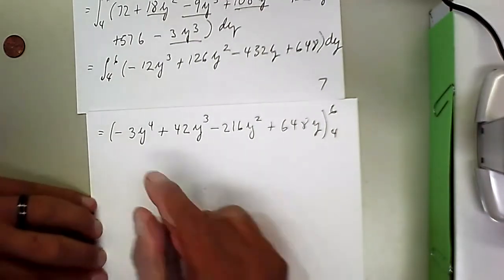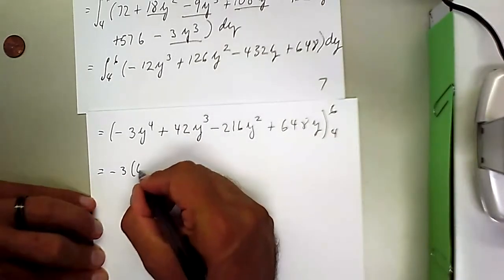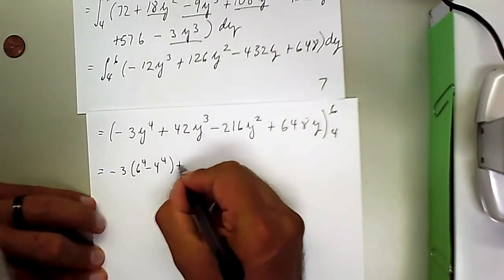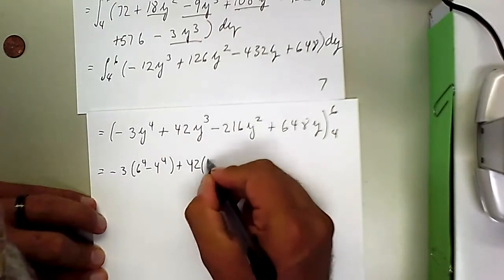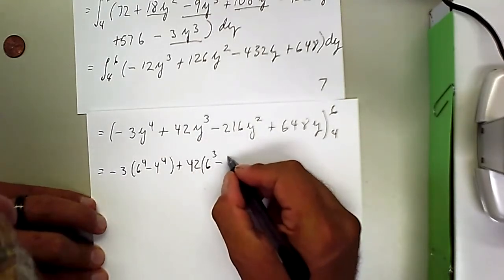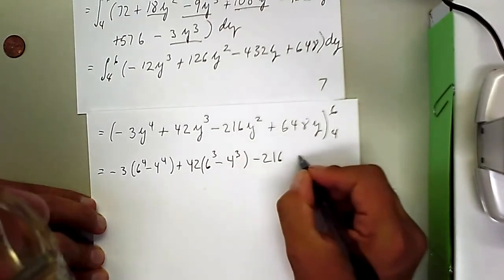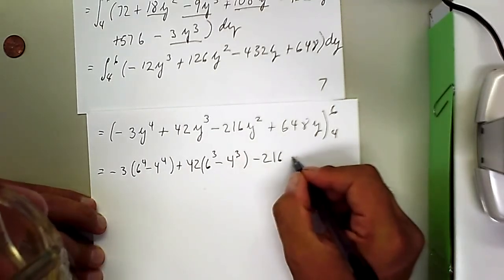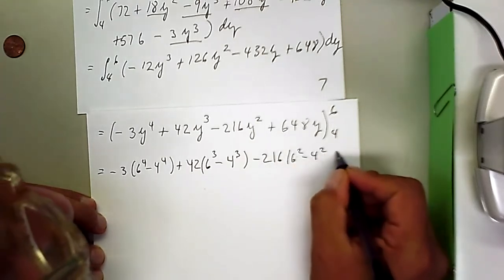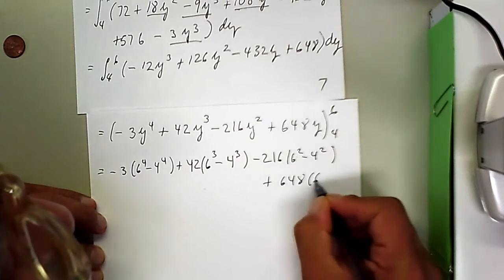Okay. So that is negative 3, 6 to the 4 minus 4 to the 4 plus 42, 6 cubed minus 4 cubed minus 216, 6 squared minus 4 squared plus 648, 6 minus 4.